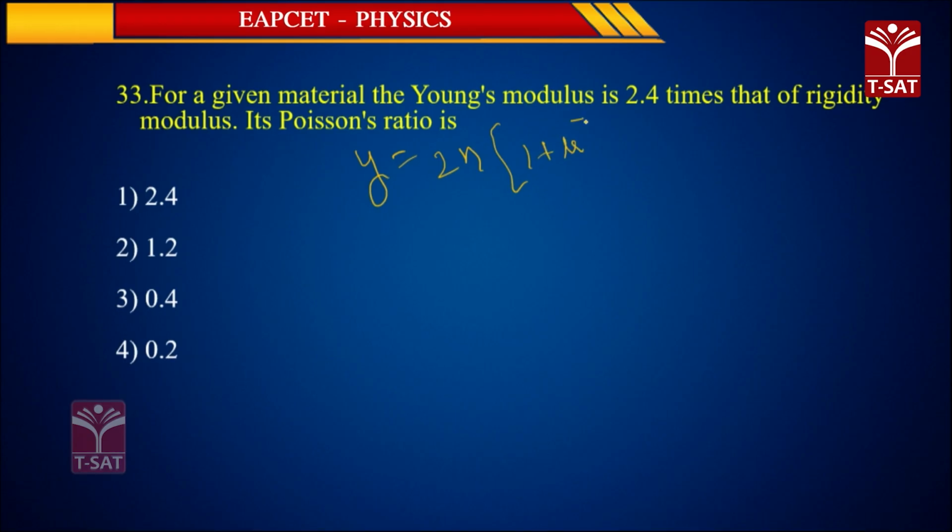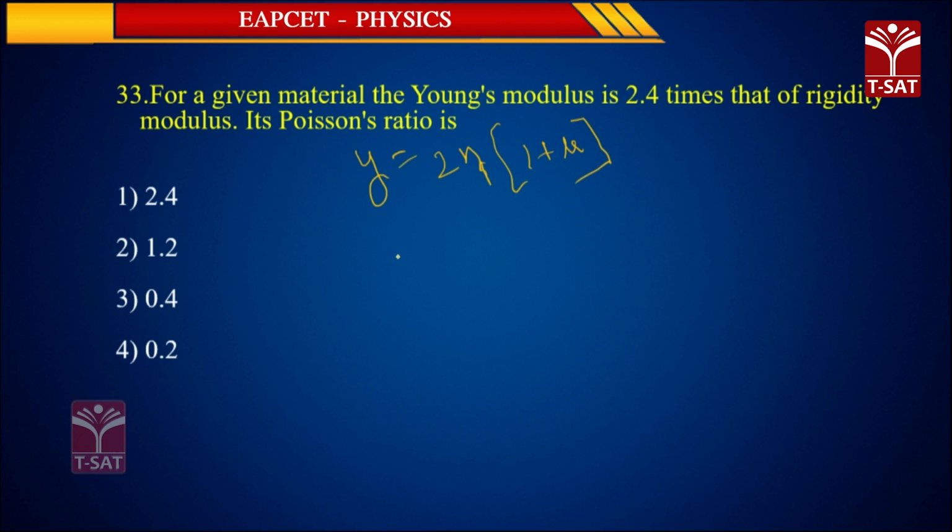This is a relation children, keep in your mind. Y is the Young's modulus, eta is called the rigidity modulus, and mu is the Poisson ratio. Here we have to find the Poisson ratio value.